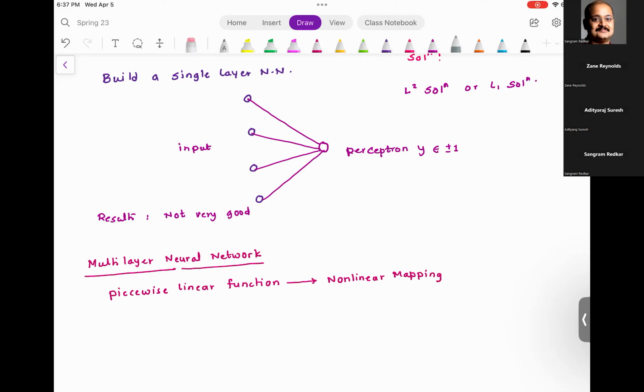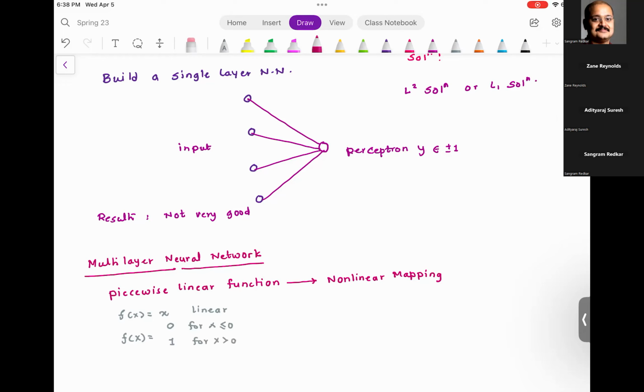Now you can use f of x is equal to x, that is linear. You can use f of x is equal to 0 for x less than 0, and 1 for x greater than 0.